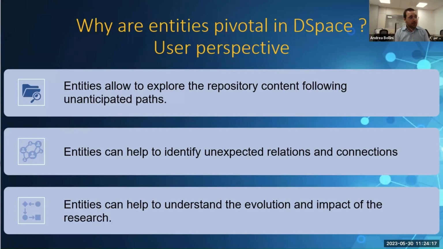And so entities at the end can help to identify unexpected relations and connections, but also enable you to make analyses using tools that are specific to the graph world to understand the evolution and also the impact of the research. So see how a specific paper has influenced other researchers or contributed to different projects and so on.